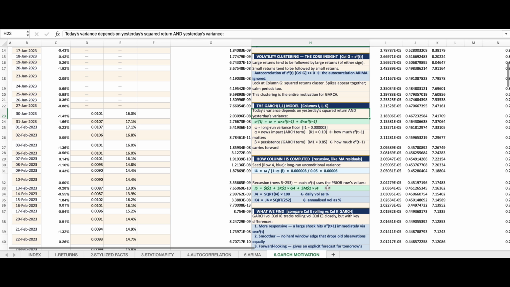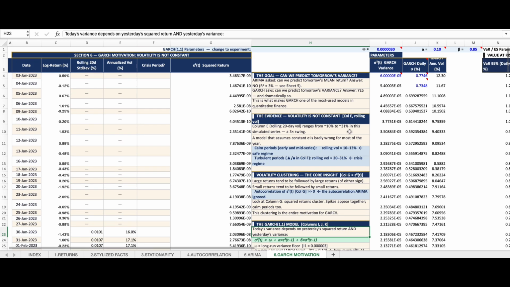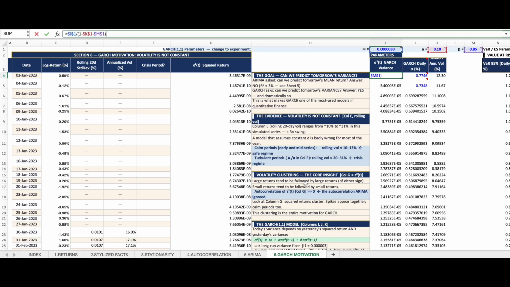Now, the GARCH model is a recursion. To start that, we need a seed value for the initial variance. So cell I4 uses the unconditional long run variance, omega divided by 1 minus alpha minus beta. For our parameters, this is that small value divided by 0.05, which equals again a very small value, 0.00006.